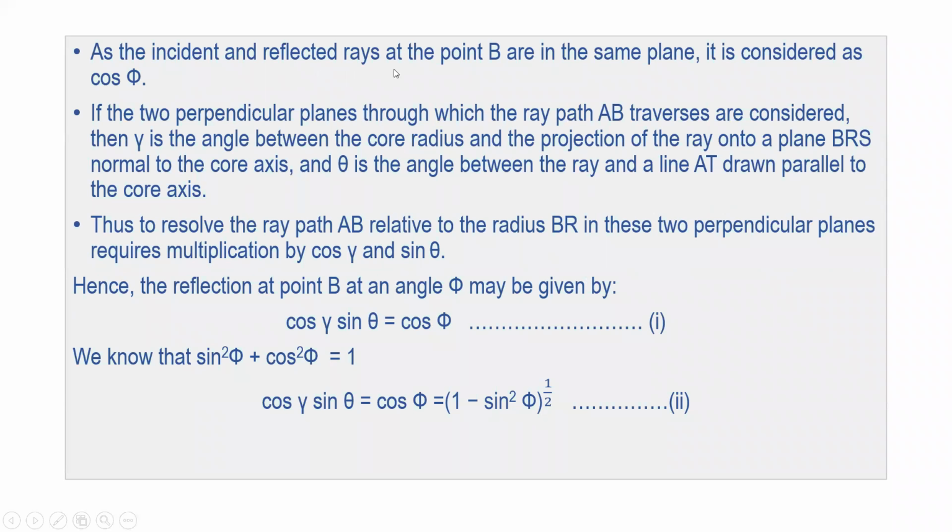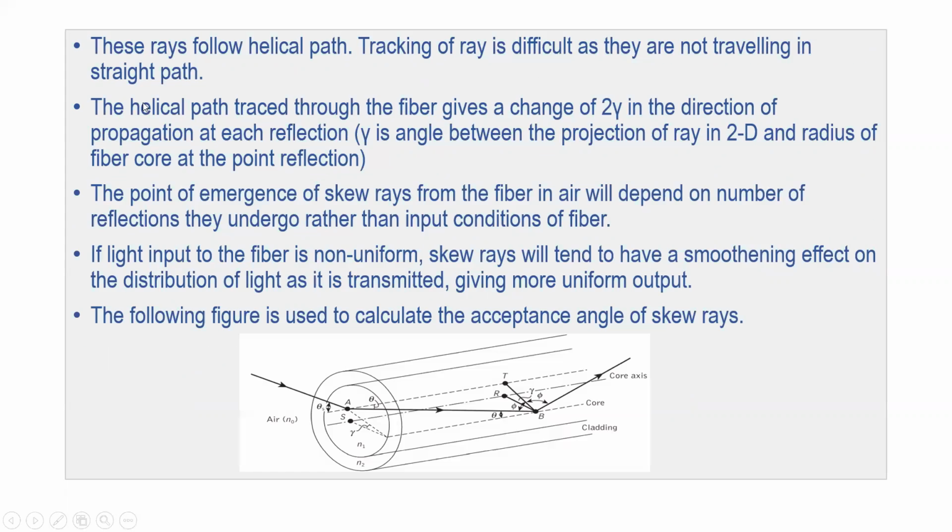As the incident and reflected rays at the point B are in the same plane, it is considered as cos phi. Here you can observe this is the incident ray and the reflected ray. They both are in the same plane. There are different planes here. This is one plane, A, T, B, and this location, and there is one more plane over here.